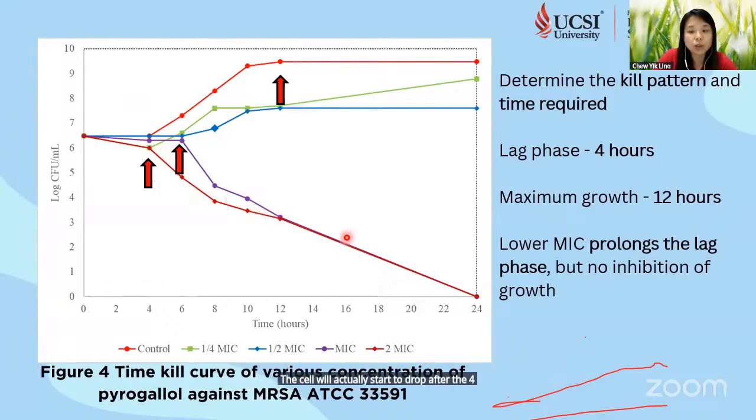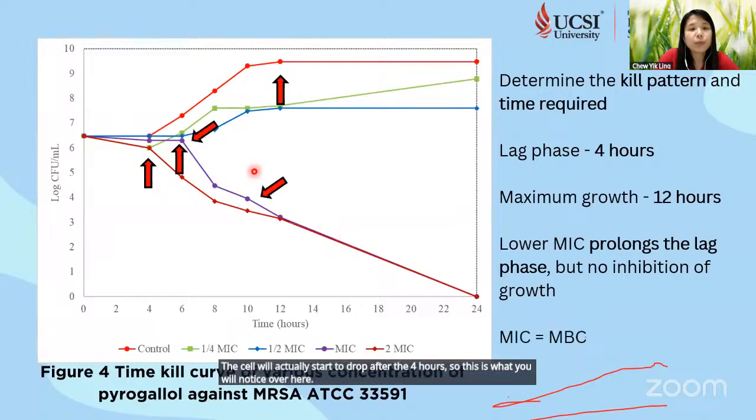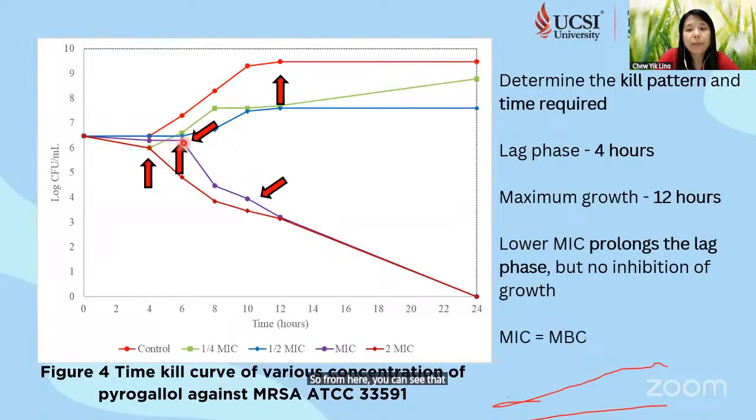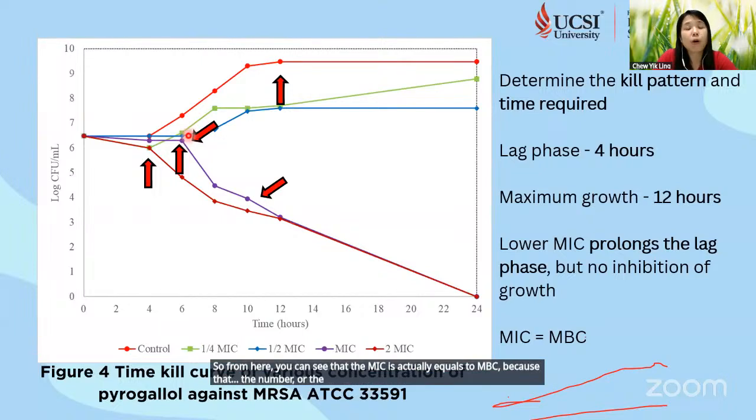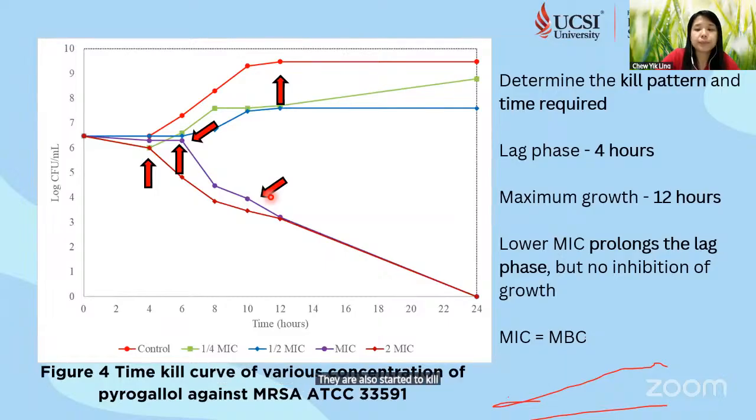So from here, you can see that the MIC is equal to the MBC, because at this concentration, pyrogallol not only inhibits the bacteria, it also starts to kill the MRSA.